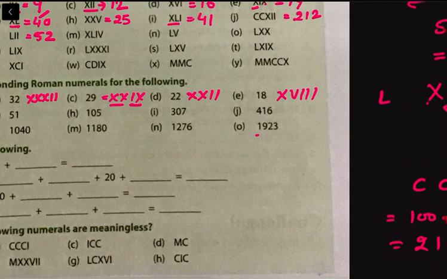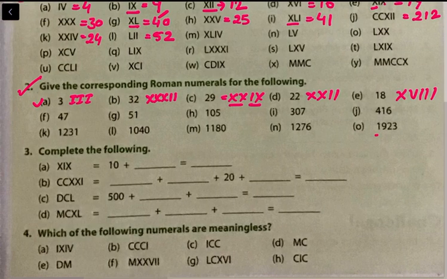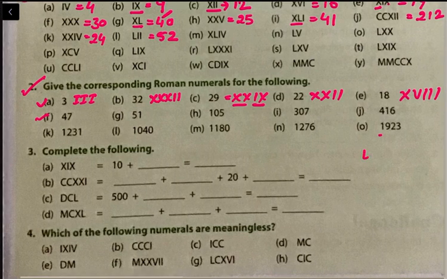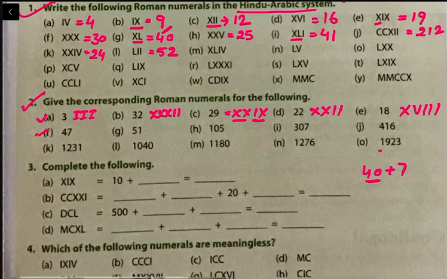Okay, next question. 47 means 40 plus 7. 40 is equal to XL, we know. XL and VII, this is 47.